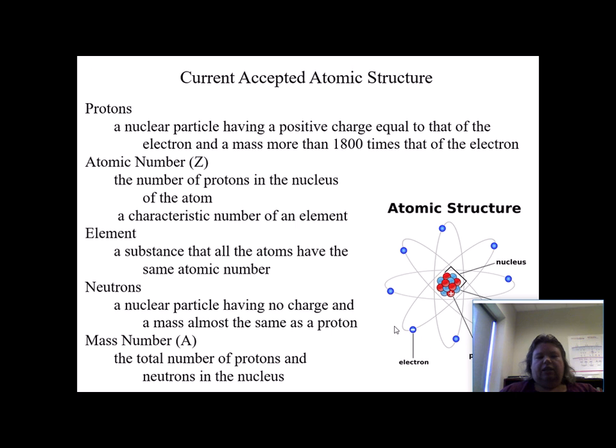Okay, and then on the outside of the nucleus are the electrons. The electrons are orbiting around the nucleus, somewhat like a planet orbits the sun, but not exactly, which we'll get to much later this chapter or this semester.